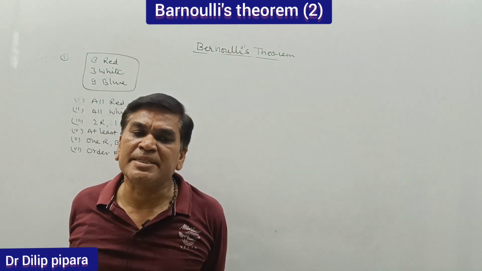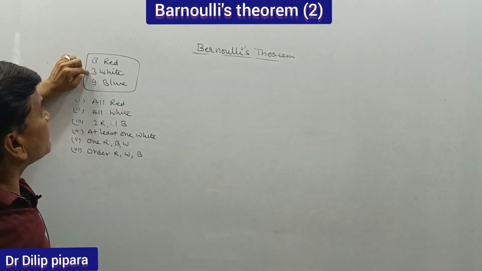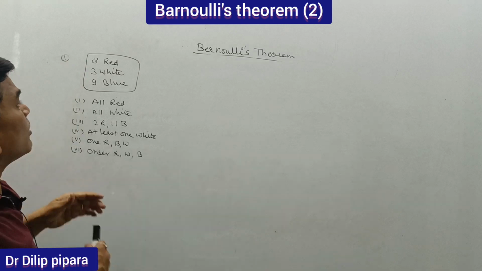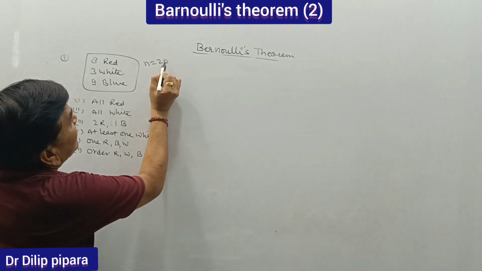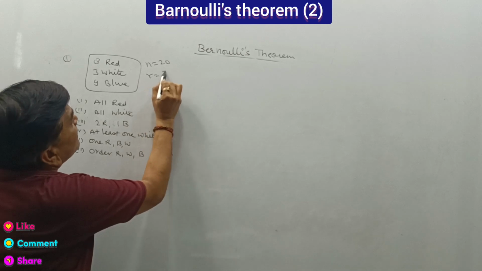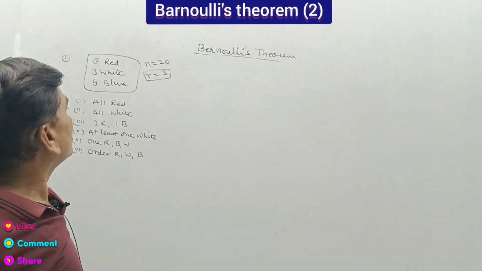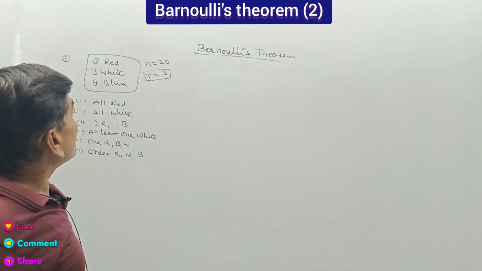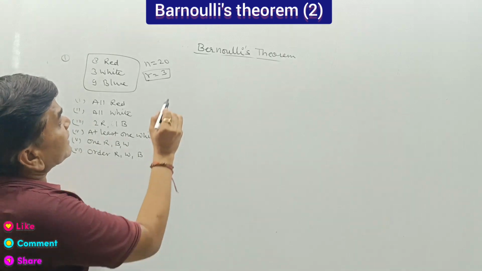One bag contains 8 red balls, 3 white balls and 9 blue balls. So the total number of balls is 20 and we are to bring out 3 balls from this box. Now we are to calculate the probability of all red, the first one.